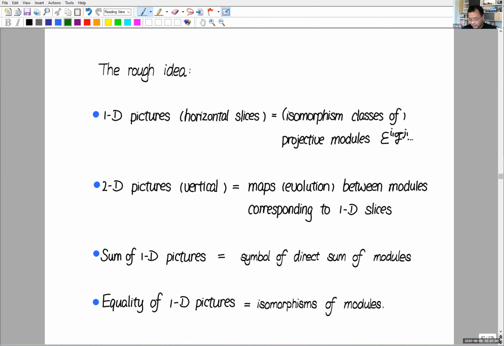And we have not only just E's, we have also F's in the story, and empty regions. So to connect them, Lauda introduces cups and caps. So each horizontal slice, as we have mentioned, is a picture of E's and F's. So this picture depicts an evolution from E composed with F to nothingness, to the identity of lambda region.